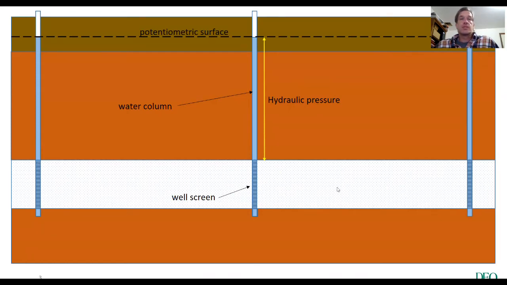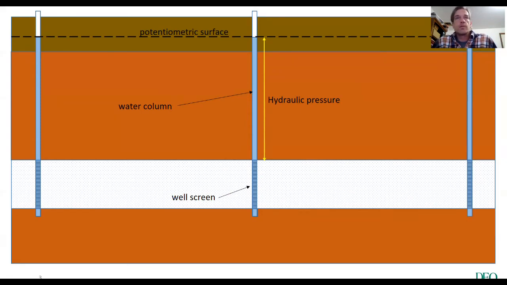This is a pressurized system, and because it's confined, it's like a pressurized pipe. And what happens is when you drill a well, you breach the wall of the pipe, or you drill in through the top of the aquifer, and water level will rise in the well once it's built out to a level that is equivalent to the amount of pressure in the system.